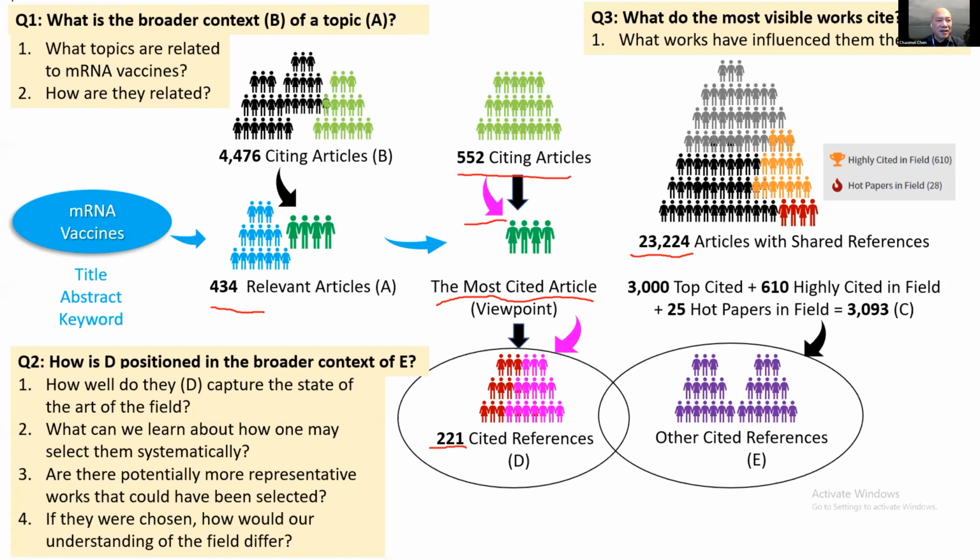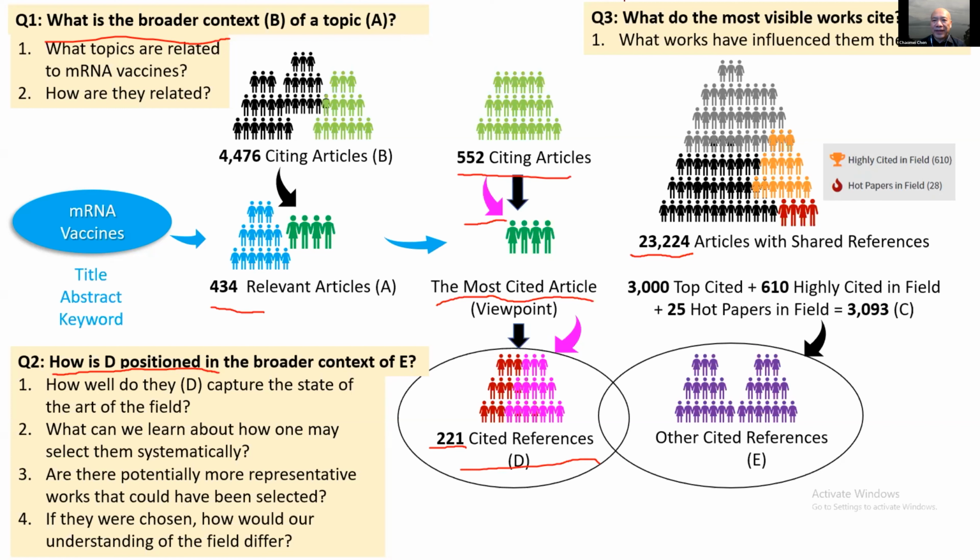So here the question on the top, we can generalize all these questions. What is the broader context of the topic? Given the topic as a starting point, what else is relevant to our search? Secondly, how is this extended, which is sometimes called the intellectual base of our particular work? What is the context of that set?